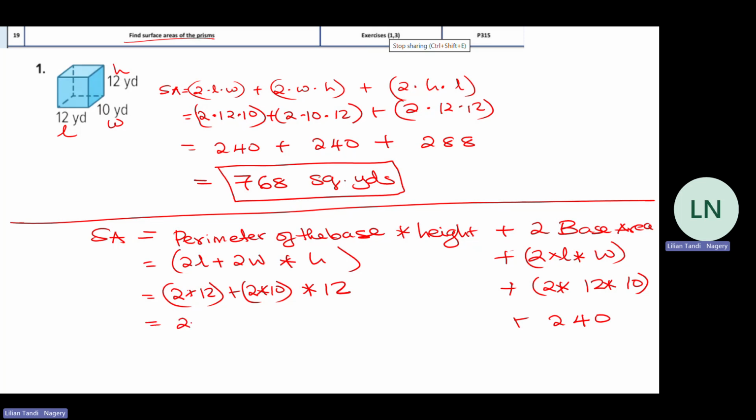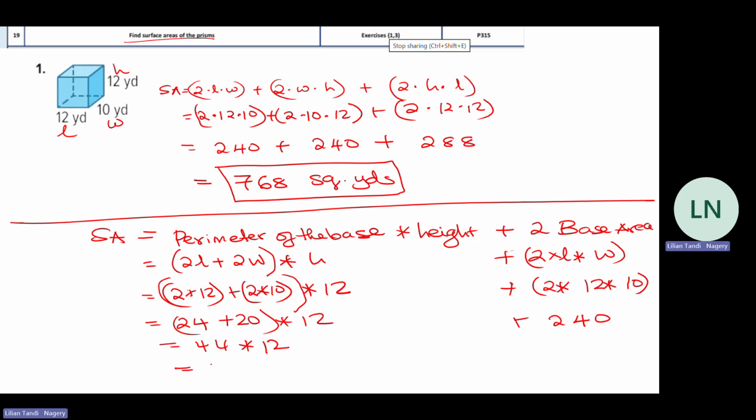This will give you 24 plus 20. So remember, you add first and then you multiply. Okay. There should be a parenthesis here, like that. Okay. So times 12. So this is 44 times 12.